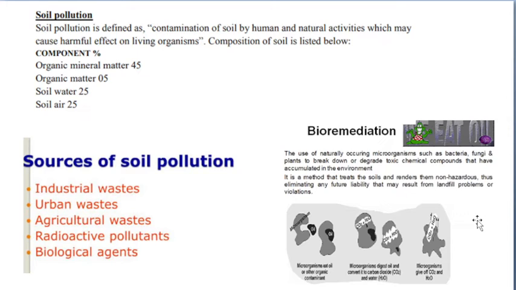Okay, thus eliminating any future liability that may result from landfill problems. Okay, so bioremediation is one important technique which helps in eradicating the soil pollution. Okay, so these are some important things regarding soil pollution.